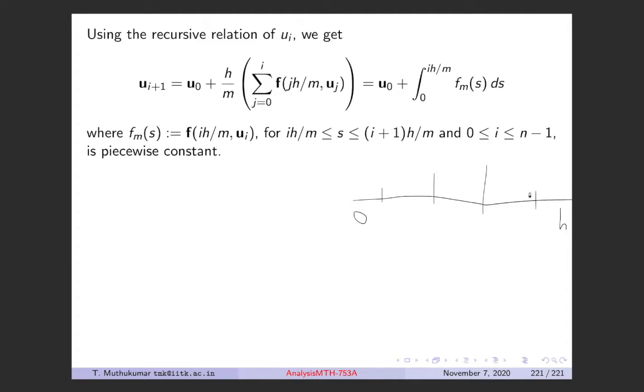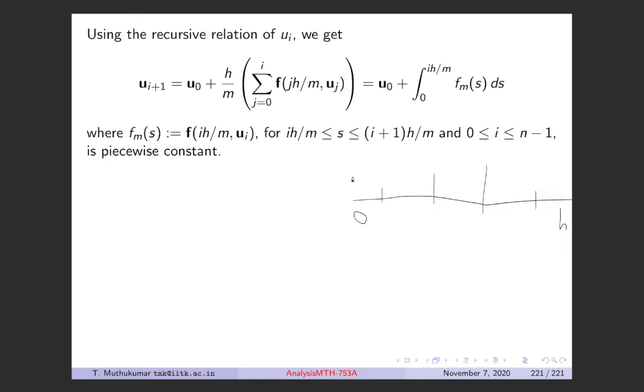So that's what I'm doing here. This f_m function just takes the value f(0, u_0) whenever s is from 0 to the first h over m.